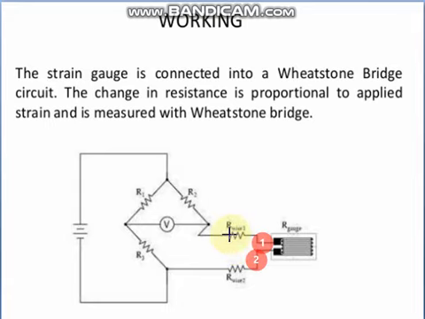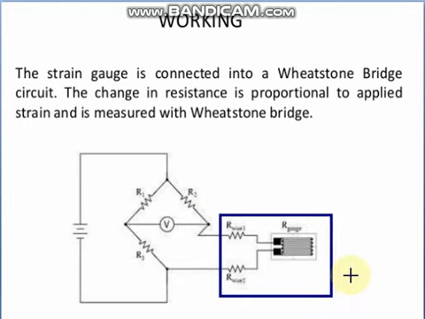Actually the total sum of R wire 1 plus R gauge plus R wire 2 will completely change. One minute, let me clear you. This complete resistance will be changed if any force or stress is applied on the resistance gauge.